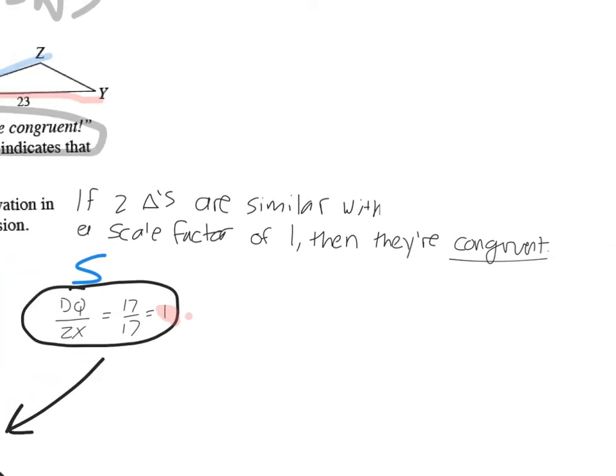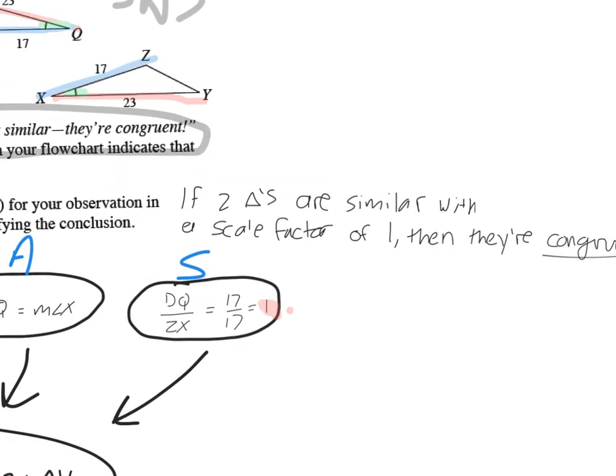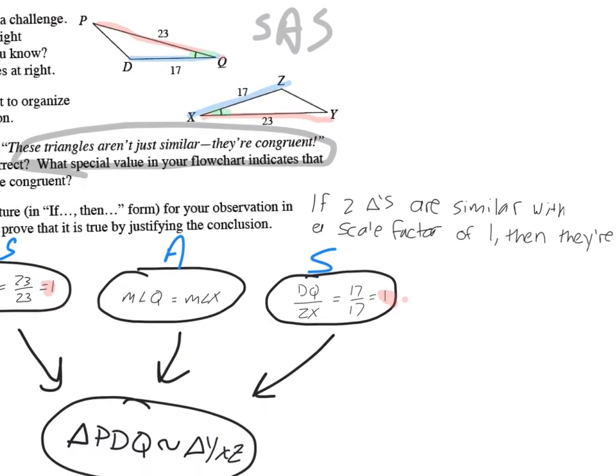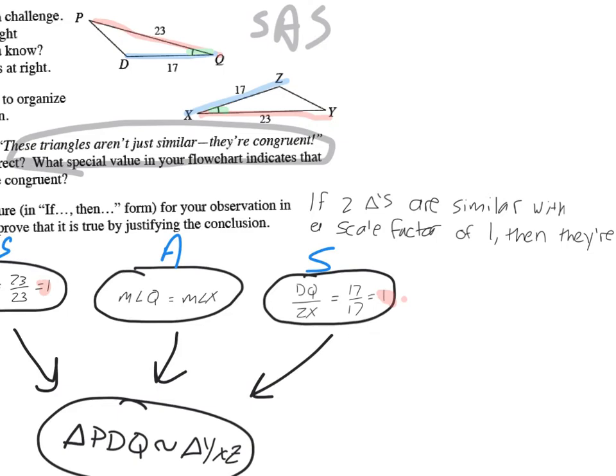Remember, congruent means the exact same. So if two triangles are similar with a scale factor of 1, not only are they similar, but more specifically, they are congruent to one another. And so that is the observation that we made from this problem here.